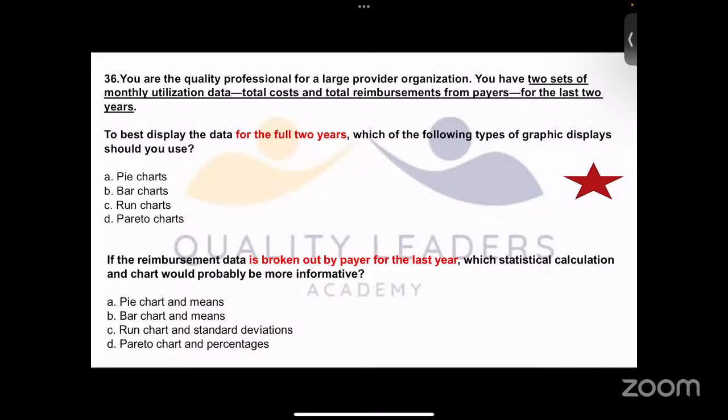What's the answer? So let's analyze this question carefully. It says that you have two sets of data, right? In here, these data sets refer to the monthly utilization.